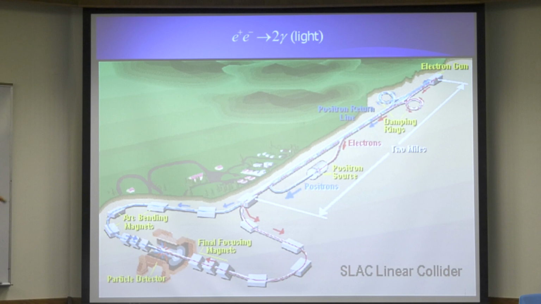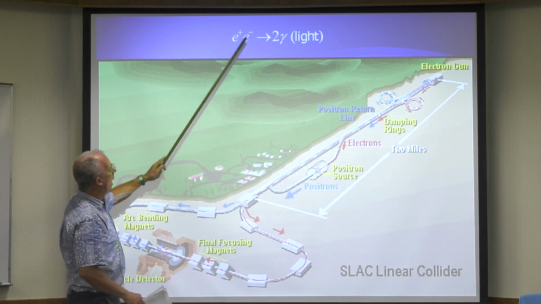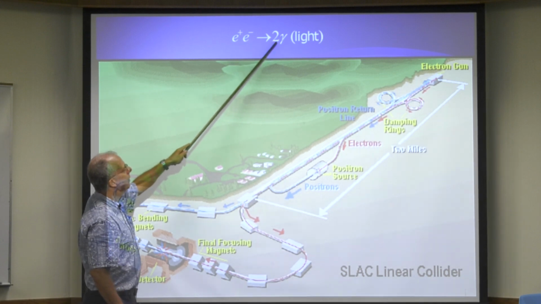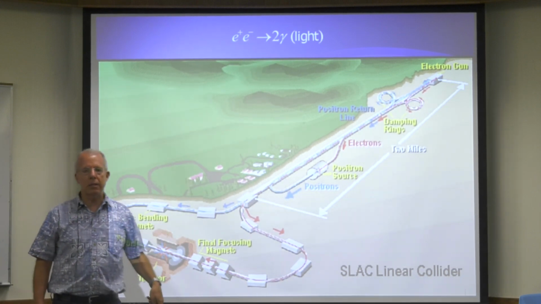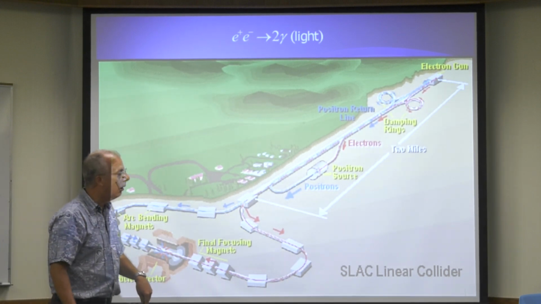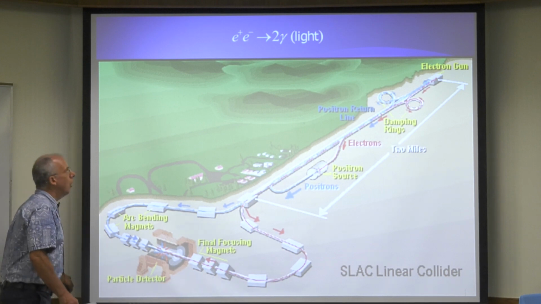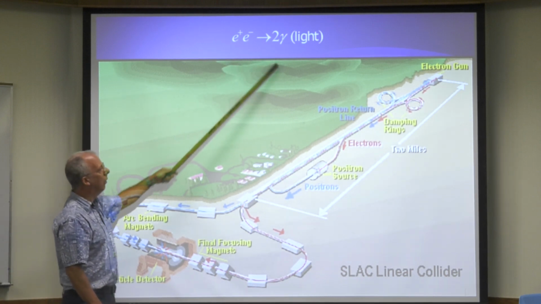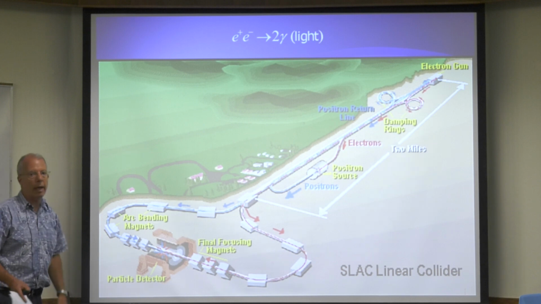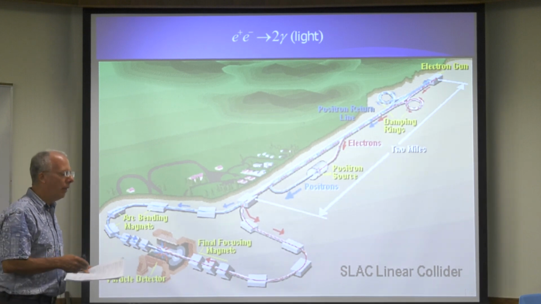Okay, so they also use this accelerator for this reaction. They collide the electron and the positron, and you get light. Now, wait a second. How much mass does light have? 0, right? So you started off with mass. Where did it go? What did Einstein teach? Mass can be converted into energy.